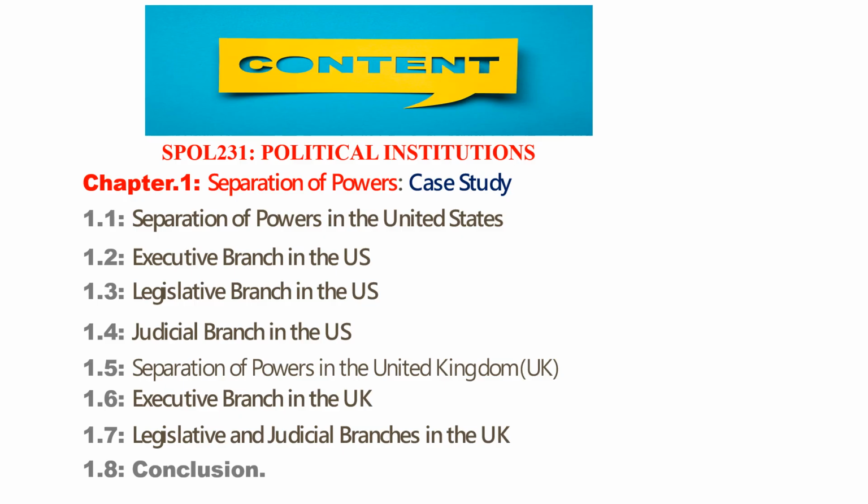The contents of this chapter are separation of powers in the United States, the executive branch in the United States, legislative branch in the US, judicial branch in the US, and separation of powers in the United Kingdom, executive branch in the UK, legislative branch and judicial branches in the UK, and finally conclusion. Now let's go into the lesson and look at the separation of powers case study USA and UK.